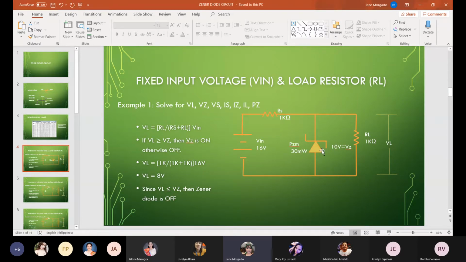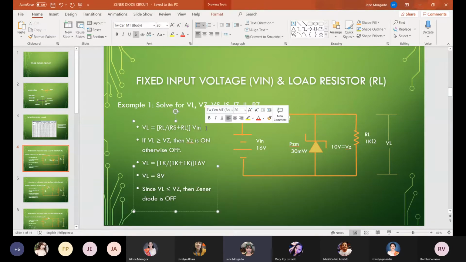Halimbawa, wala tayong Zener diode dito. How are RS and RL connected? Anong connections ni RS and RL? Series po. Okay, they're connected in series. And to be able to determine what is the voltage across RL, we use this, ano ba tong formula na to, if you can still remember.